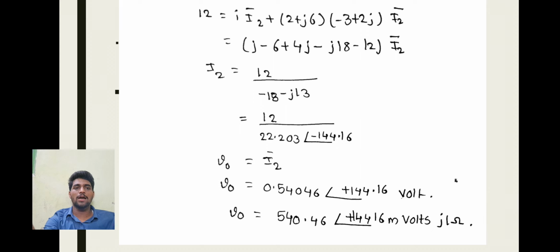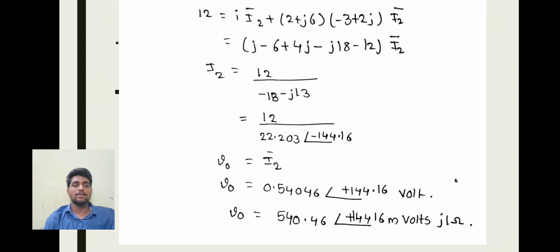12 equals j I2 bar plus (2 plus j6) into (minus 3 plus 2j) I2 bar, that is equal to (j minus 6 plus 4j minus j18 minus 12) I2 bar. I2 equals 12 by (minus 18 minus j13), that is equal to 12 by 22 angle minus 203, that is 0.54 angle minus 144.16. V0 equals I2 bar.